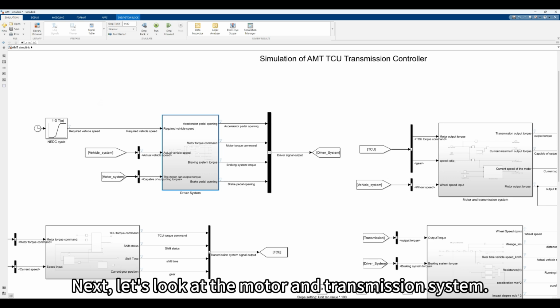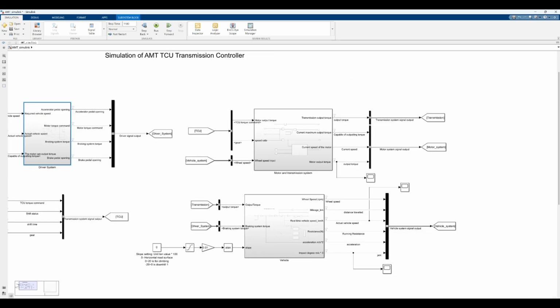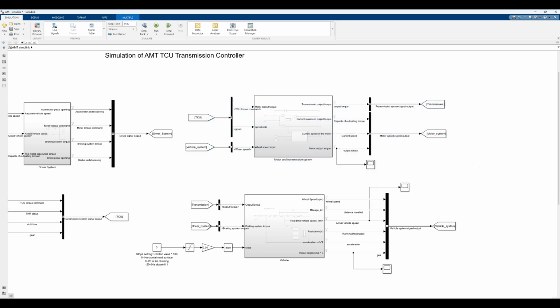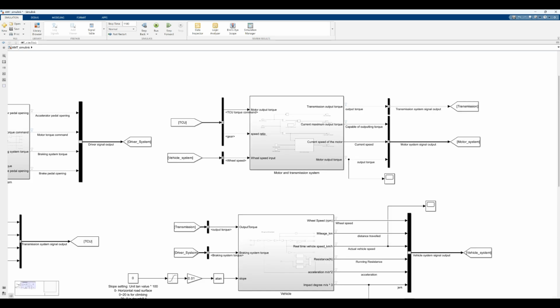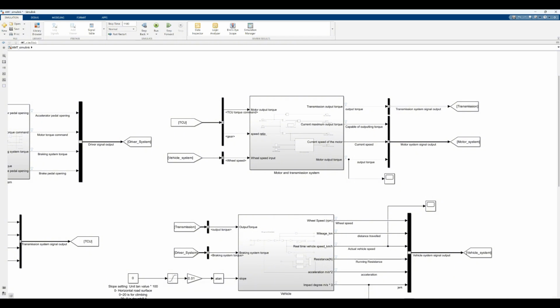Next, let's look at the motor and transmission system. This module takes the motor demand torque transmitted by the TCU, the gearbox's transmission ratio, and the wheel speed as inputs.